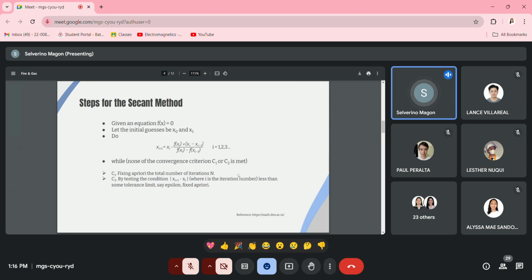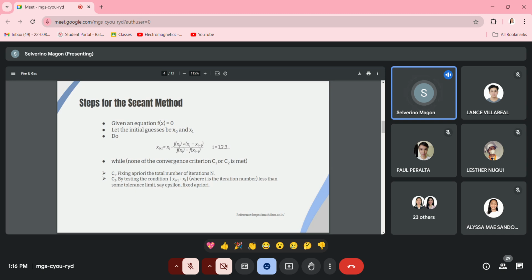Okay, so we need at least two convergence criteria for this. The first one is fixing beforehand a maximum number of iterations that our program needs to perform. Otherwise, it will terminate itself.